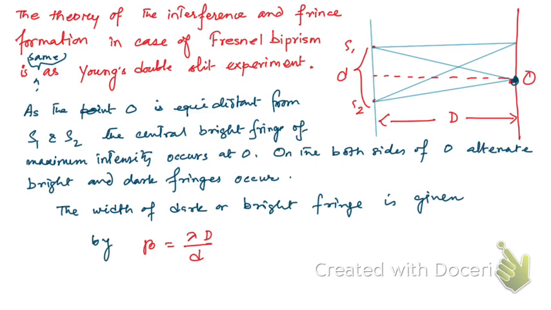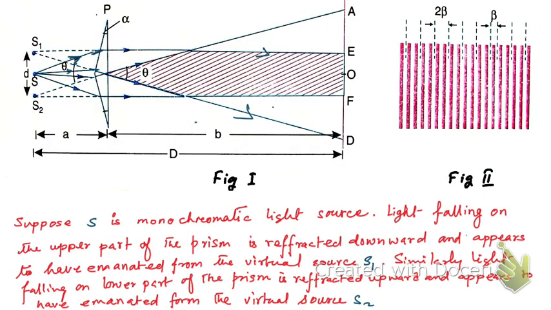So here this capital D is the distance between the source S in Fresnel's biprism and the screen at O, right?